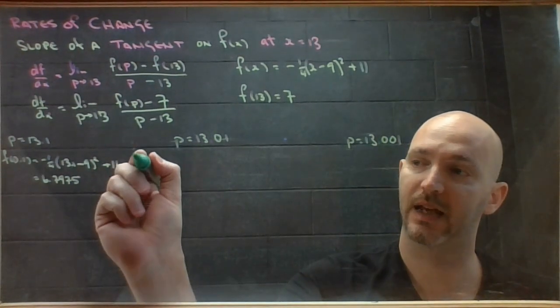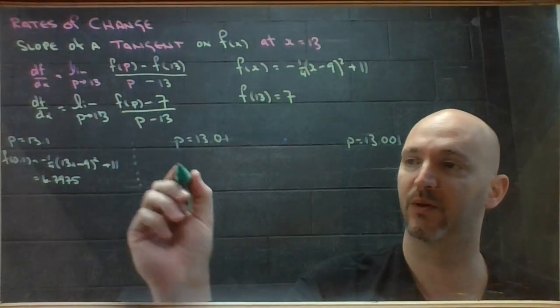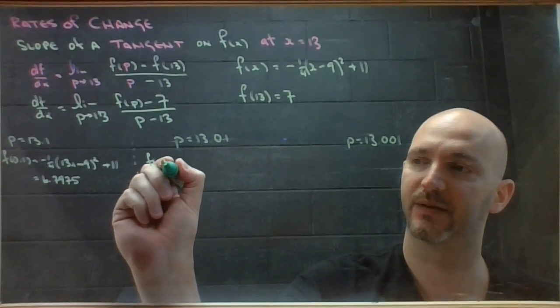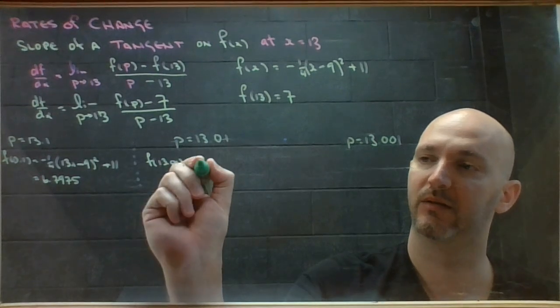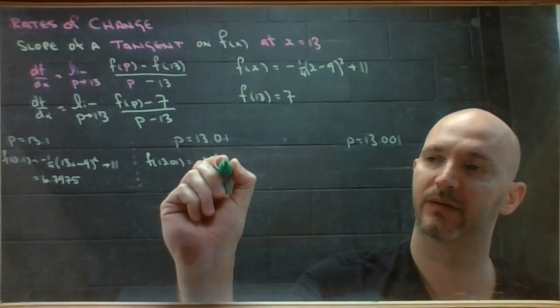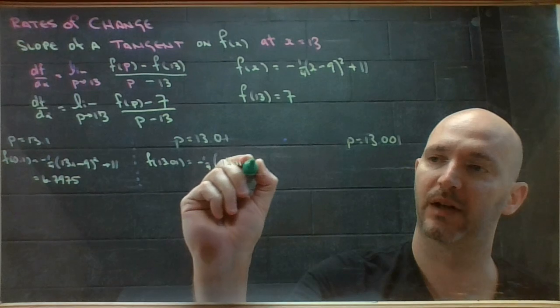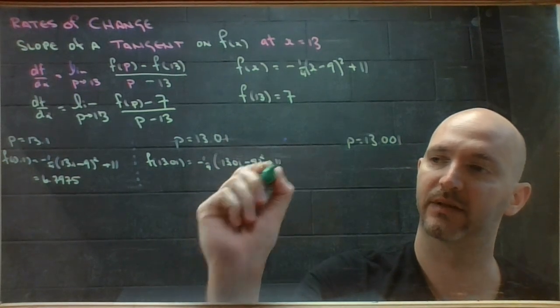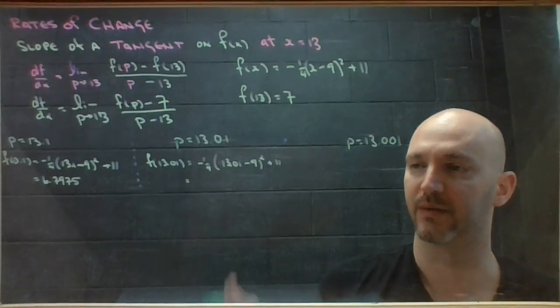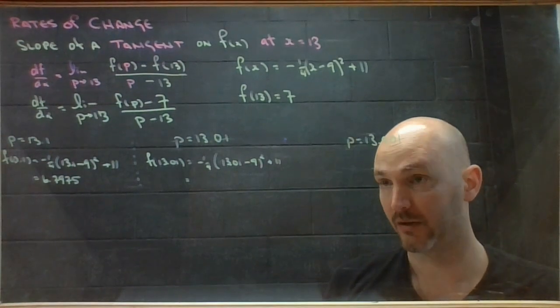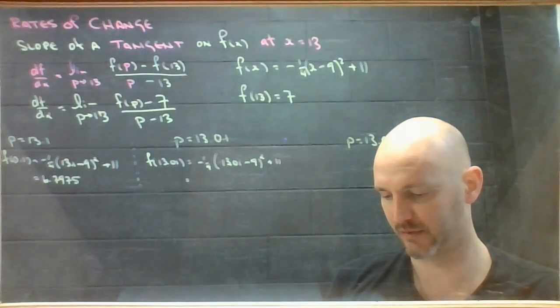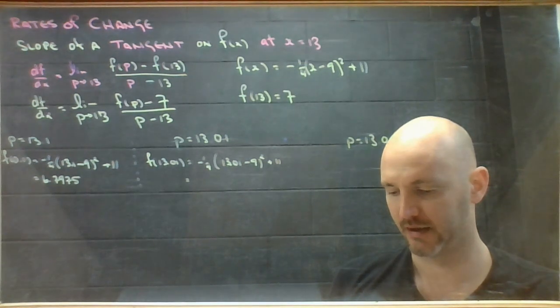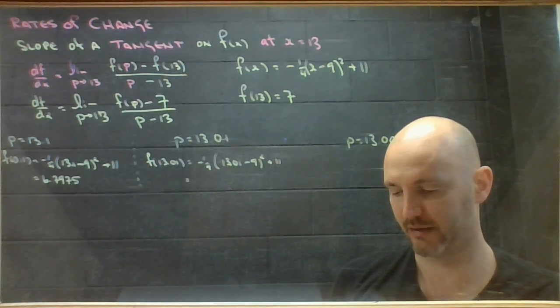So we're going to do that again for my 13.01. F at 13.01 would be negative 1/4 of (13.01 minus 9) squared plus 11. We'll see what that gives me. 13.01 subtract 9 gives me 4.01.